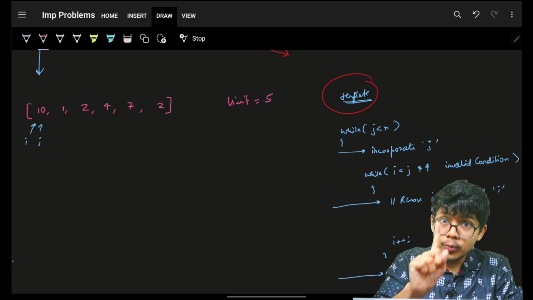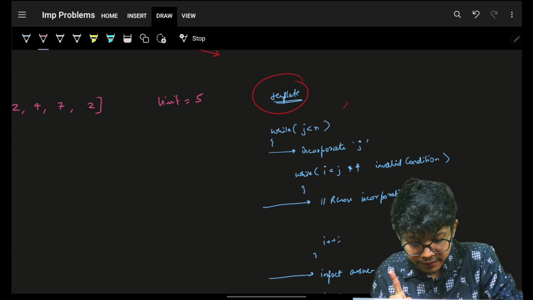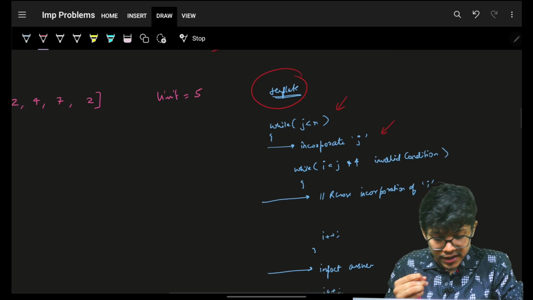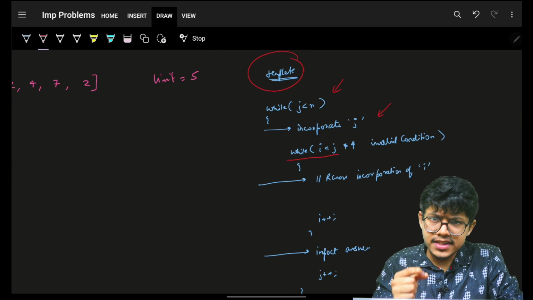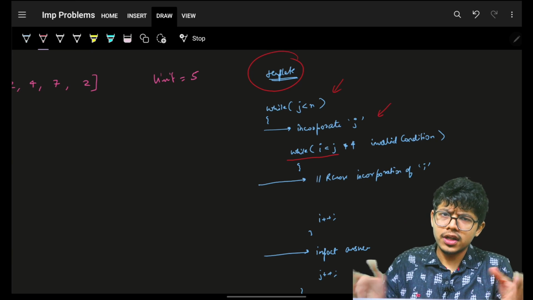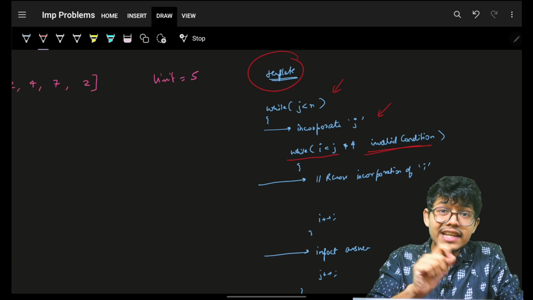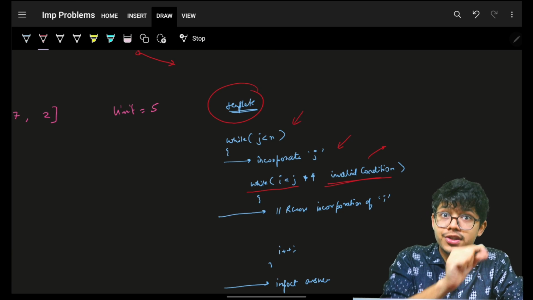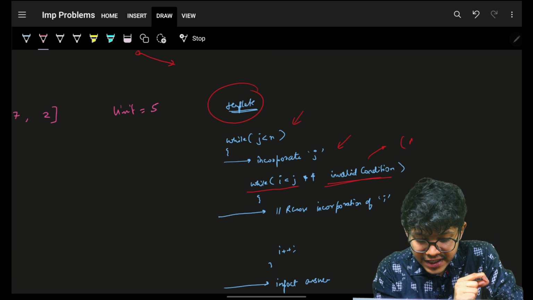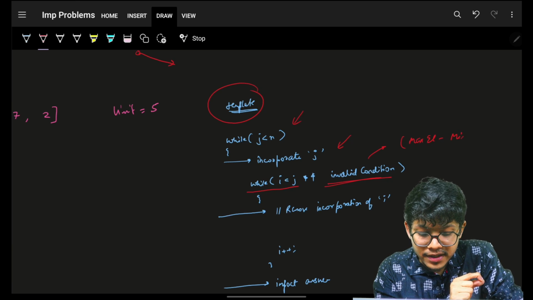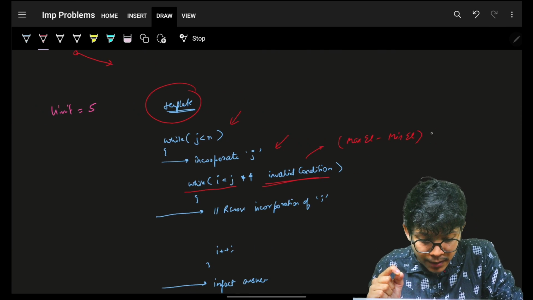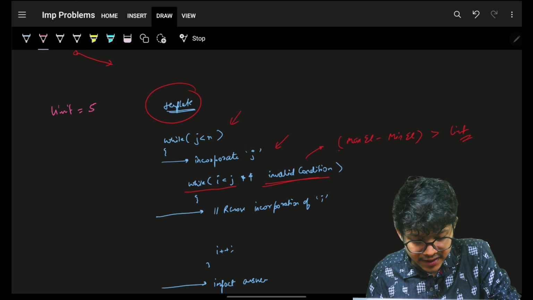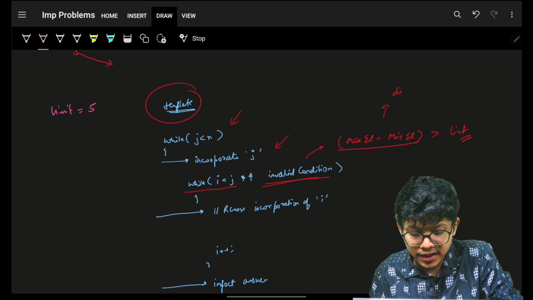The template of our two-pointer, as we have already mentioned, looks like this: while j is less than n, we try to incorporate j's behavior. Then while i is less than j, or this can be less than or equal to j also, depending on the condition, and the condition is invalid. For you, the invalid condition is the maximum absolute difference, which is the max element minus the min element. I will alias this as diff.